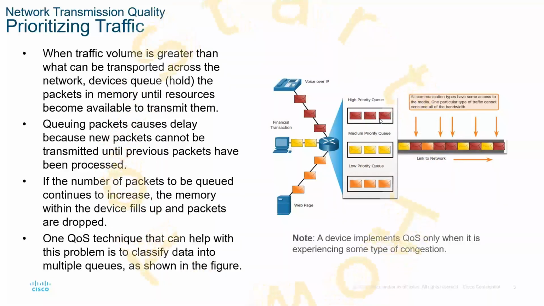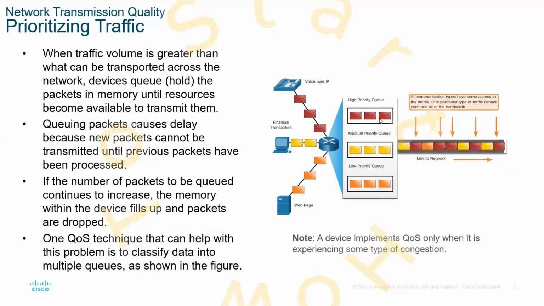As we start queuing these larger strings of packets, they become more and more of a delay, because again, we're essentially building up this bucket. We're collecting these packets, waiting to be sent, and they're not being sent for whatever reason, normally limited bandwidth. All of that causes additional delay.